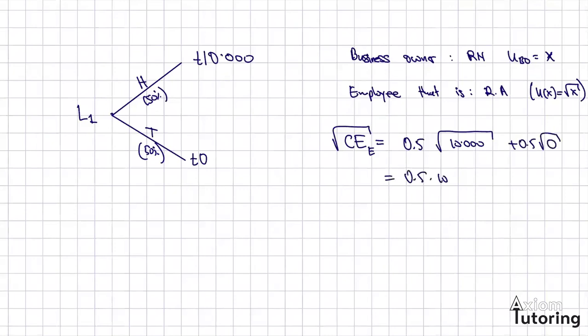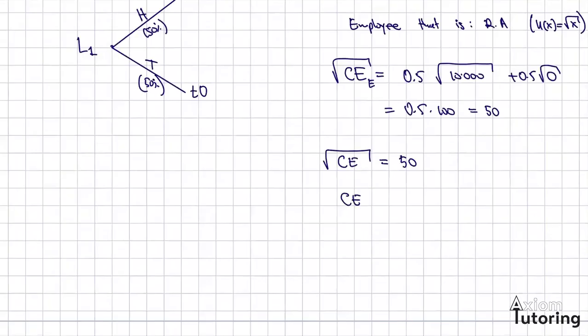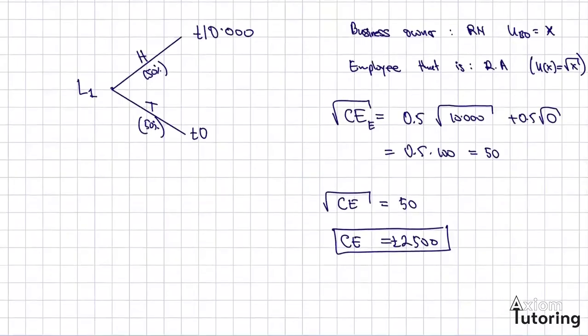This is 0.5 times 100, so 50. I'm looking for a certainty equivalent such that the square root of it is equal to 50. If I square both sides, the certainty equivalent is 2,500 pounds. What that means is that this risk-averse employee would be indifferent between some months getting 10,000 and some months getting zero, or you paying that employee 2,500 all the time.